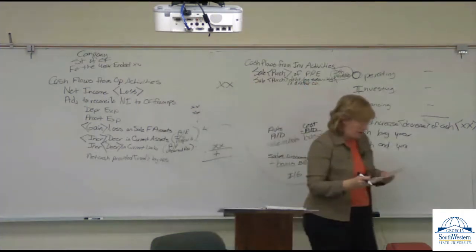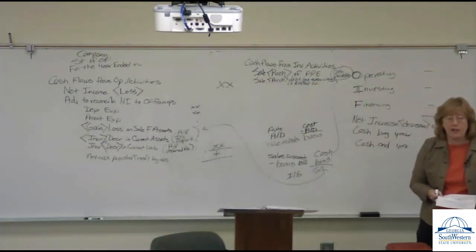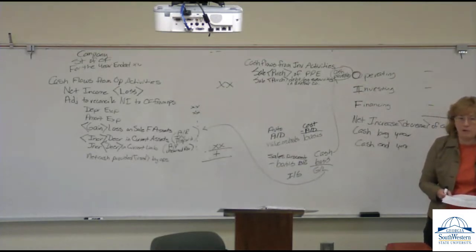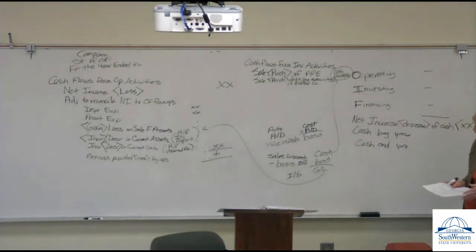So what are we talking about there? Debt or equity securities are stocks or bonds in another company. If you were to buy stocks or bonds in another company, why would you do that? Why would you want to buy stocks or bonds in another company? This is just an investment for your company, okay? Your company is investing in another company.